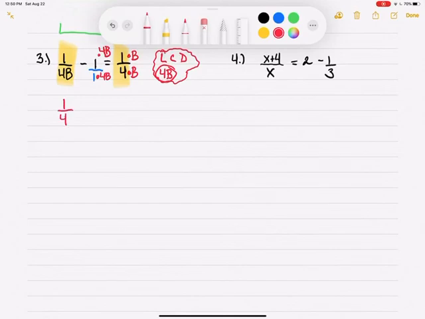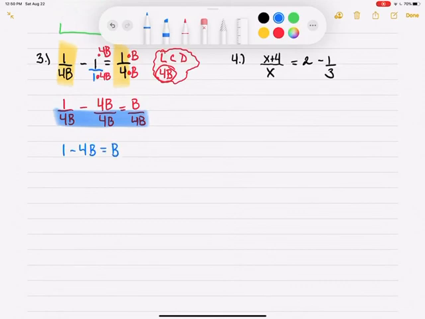One over 4b minus 4b over 4b equals b over 4b. Now all of my denominators are exactly the same, and I'm going to worry about the numerators now. 1 minus 4b equals b.